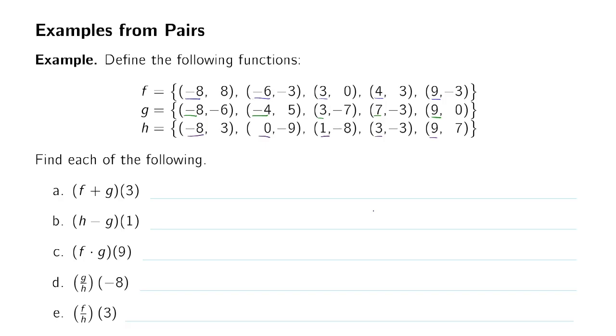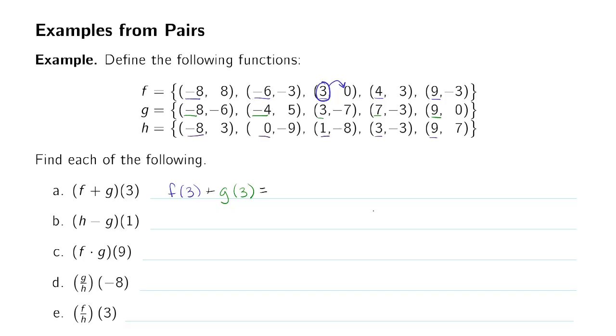And remember, to evaluate a function given in this form, we're looking for the value of y associated with the given value of x. So if we want to take f plus g of 3, that's going to be f of 3 plus g of 3. F of 3, we'll look in the function f, find input 3, that gives us output 0.